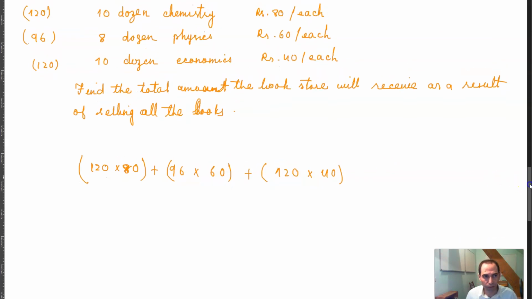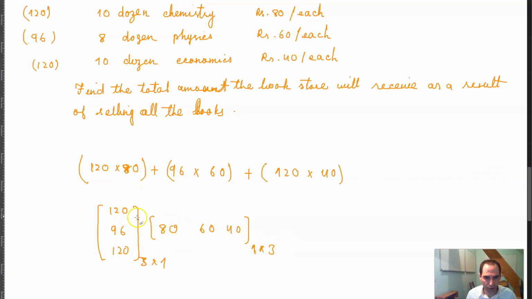So now if I set up the number of books as 120, 96 and 120 as a column matrix, and multiply it by a row matrix of 80, 60 and 40, this is a 3-by-1 matrix and this is a 1-by-3 matrix, and that gives me a 3-by-3 matrix. I'm not looking for this.